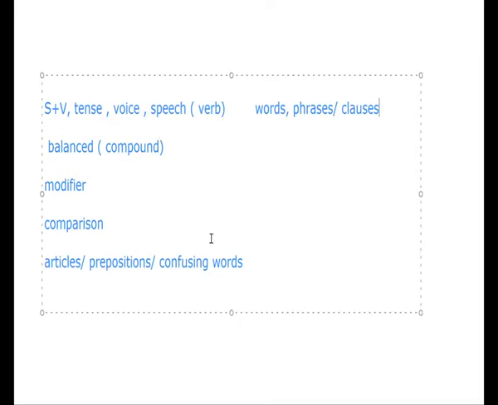Like you are a grammatical doctor. A doctor is supposed to know the anatomy of the human body. Same with you. You are a grammatical doctor. You should know the anatomy of a sentence. Then you know how to fix it. So this is our major intention here.